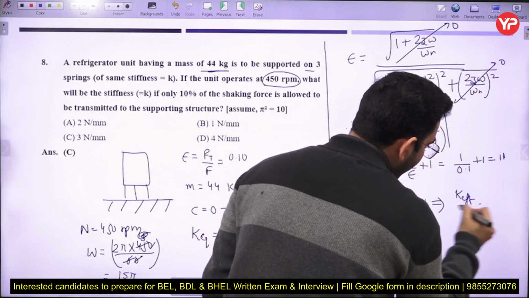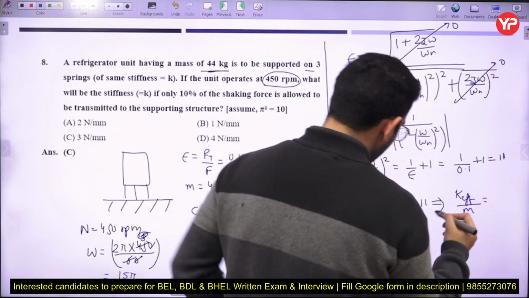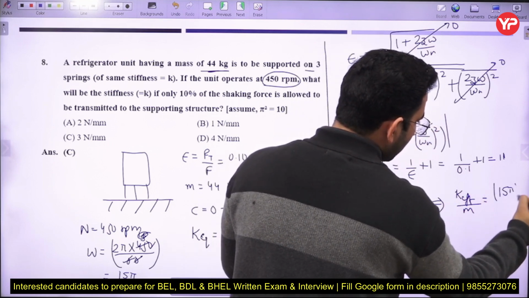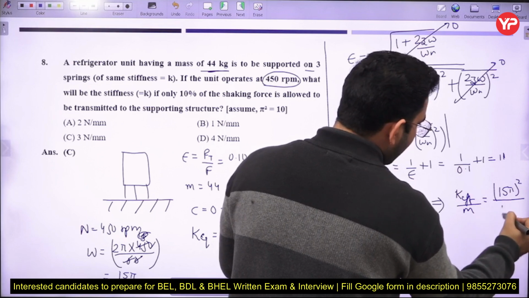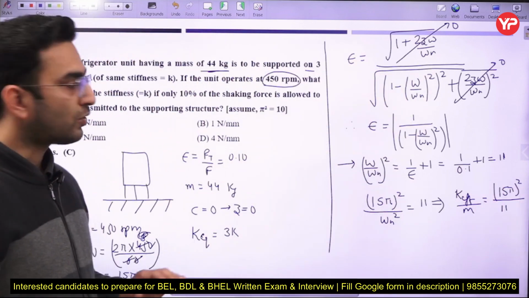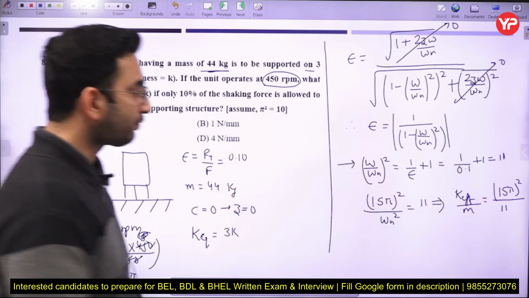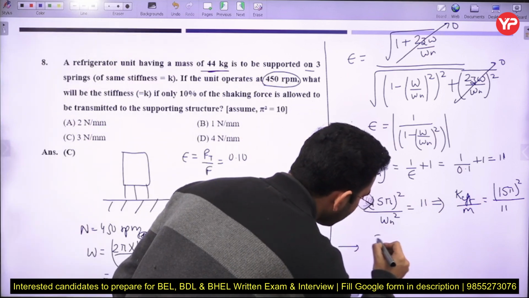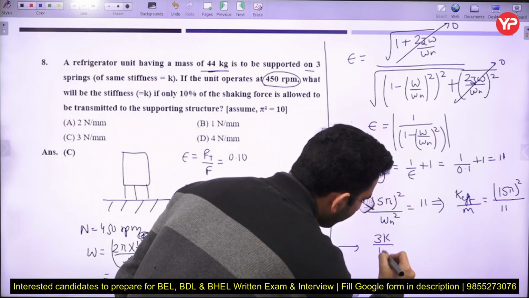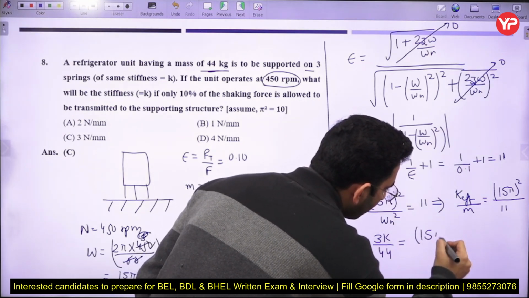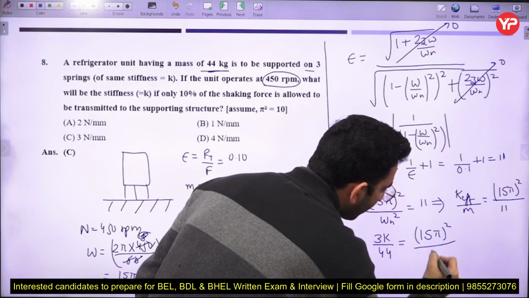And from here I can define K equivalent divided by m is going to be equal to (15 pi) square divided by 11. Here you can see the value of K equivalent is nothing but 3K. So I can write 3K divided by 44 is equal to (15 pi) square divided by 11.